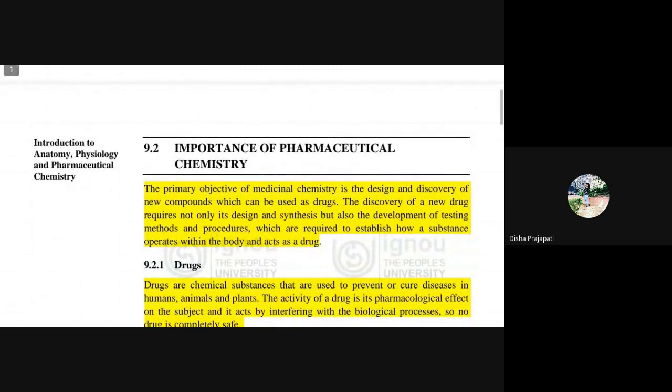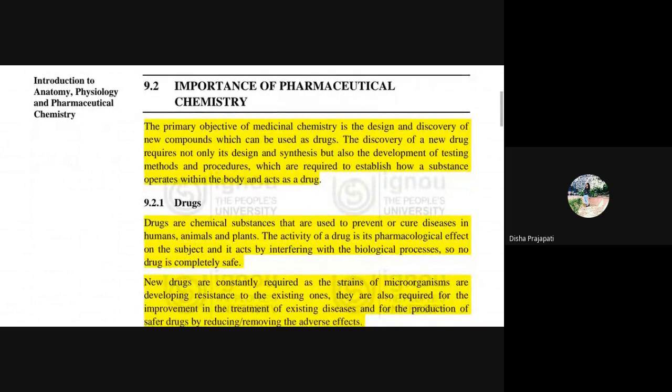First, the primary objective of medicinal chemistry is the design and discovery of new compounds which can be used as drugs. The discovery of a new drug requires not only its design and synthesis but also the development of testing methods and procedures which are required to establish how a substance operates within the body and acts as a drug.